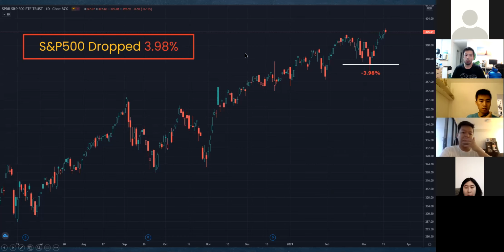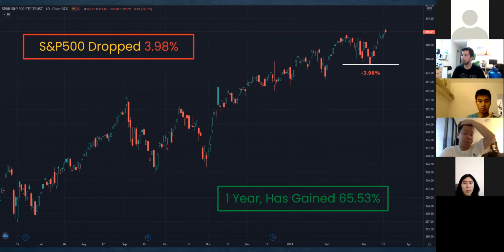But something we need to think about as well, right? Yes, we saw the drop of 3.98% across those 2 weeks, and it did create a lot of concern. But we need to look back as well: the S&P 500 over 1 year has gained more than 65%.